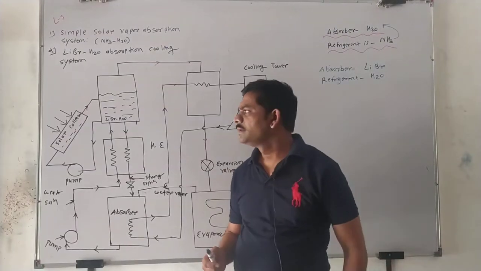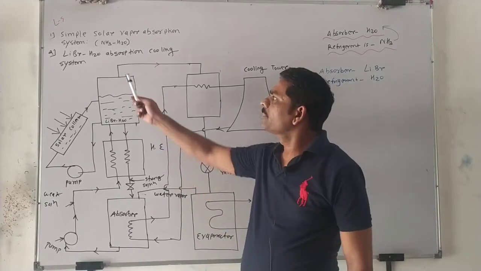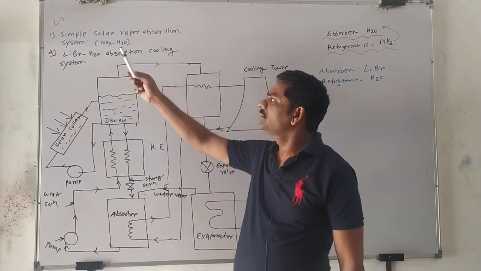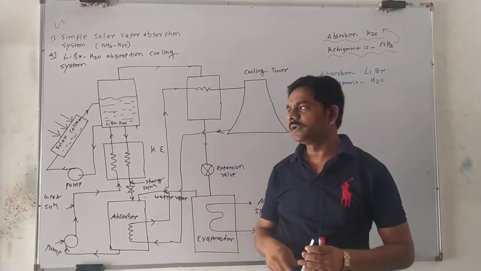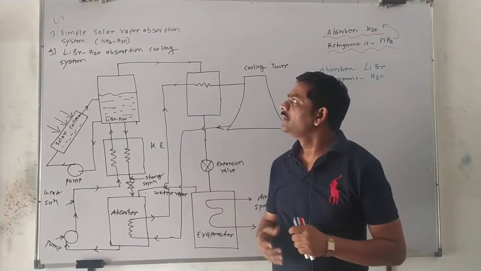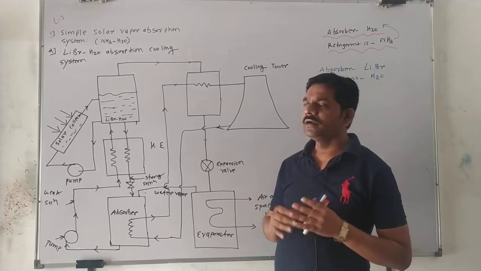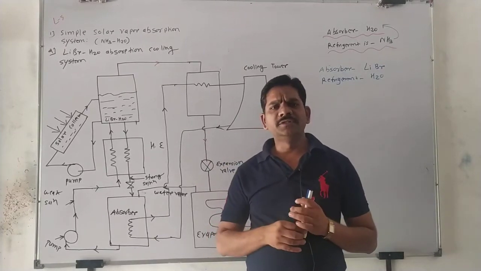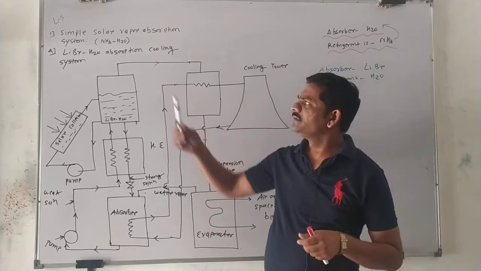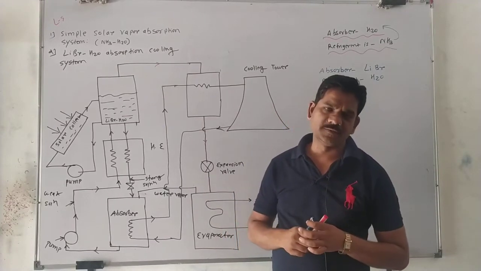Another method used for cooling purposes is the lithium bromide water absorption cooling system. Our previous one was a simple solar vapor absorption system using ammonia and water. This is also a vapor absorption system, but the name is the lithium bromide water absorption cooling system.